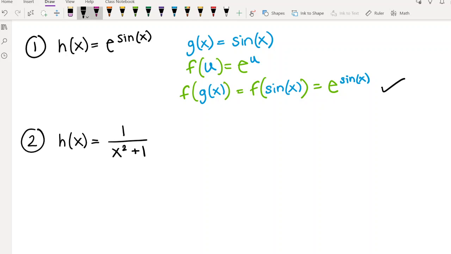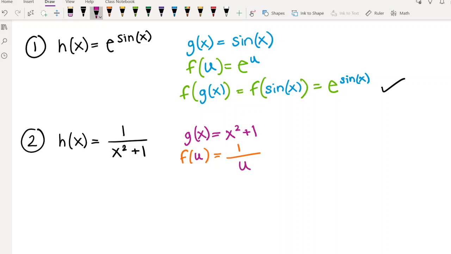Well, if we make our inside function be g of x is equal to x squared plus 1, that would mean that the outside function would need to be f of u is equal to 1 over u, right?